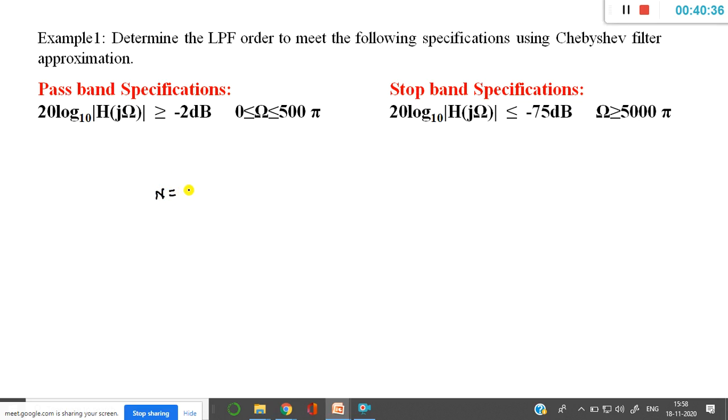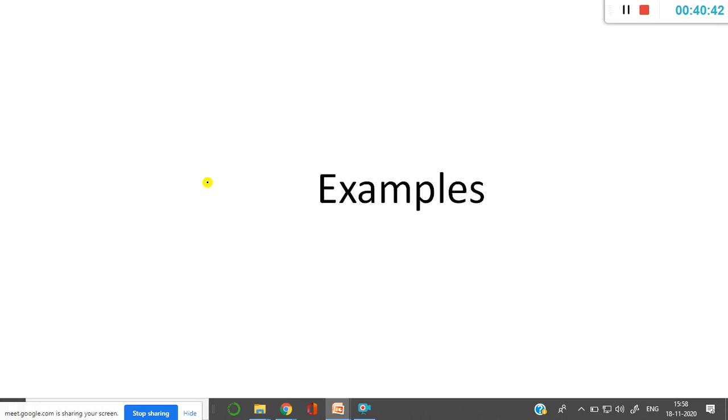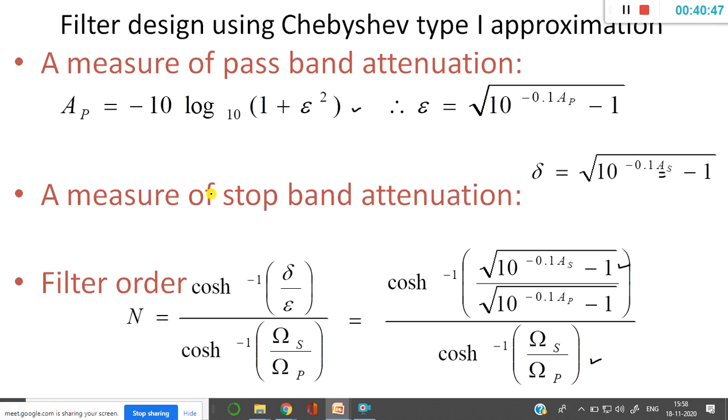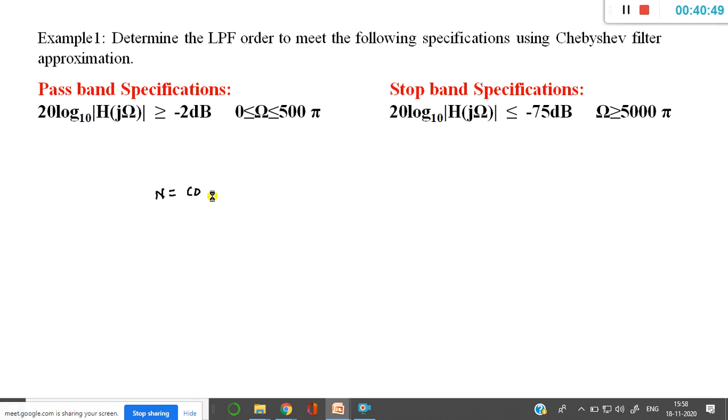So n is equal to cosh inverse of delta by epsilon, whole divided by cosh inverse of omega s by omega p, stop band to the pass band.